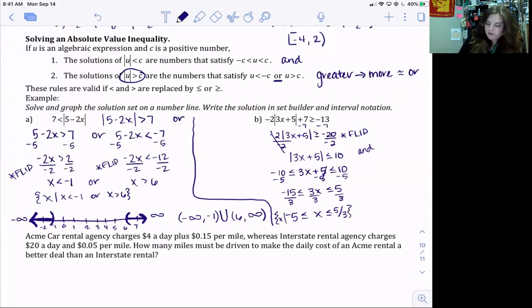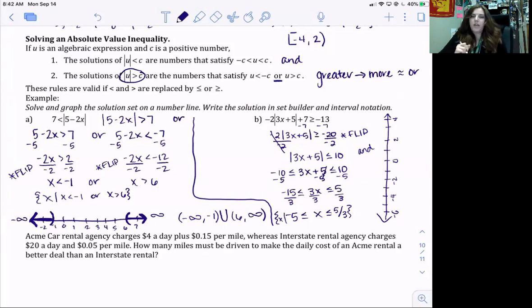And then if we want to graph it, and I'm going to kind of flip this on its side. I'm going to alternate here just so I have enough room. Let's put 4 in there. Okay. So negative 5, we're going to have a bracket because of the less than or equal to.